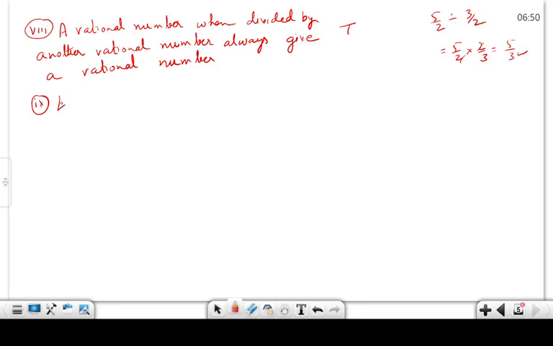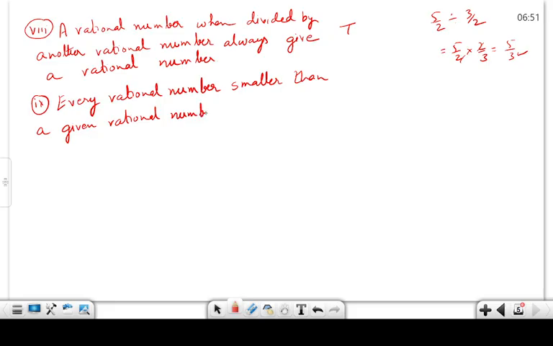Number 9: every rational number smaller than a given rational number p by q lies to the left of p by q.